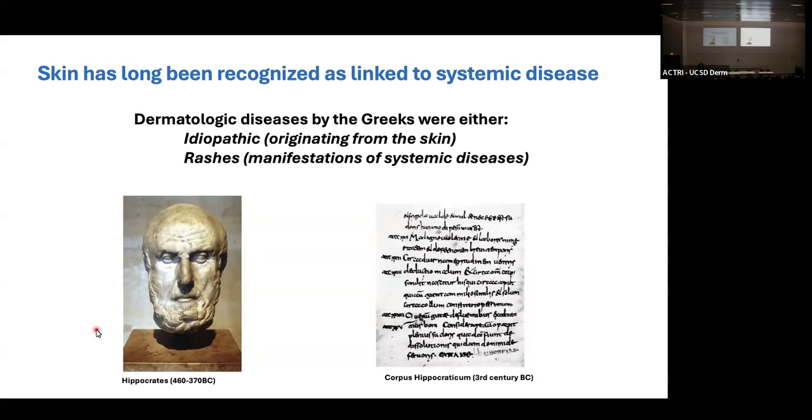And some of the terms that we use differently today, when used by the ancient Greeks, really related to derm specifically. So the term idiopathic, its Greek translation anyway, meant originating from the skin, not its current use of originating from doctors. And when you talked about a rash, that just meant to the ancient Greeks that it originated from a systemic disease.